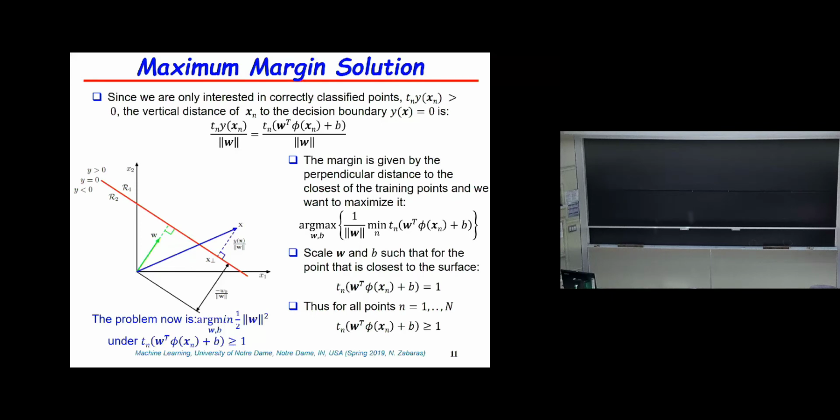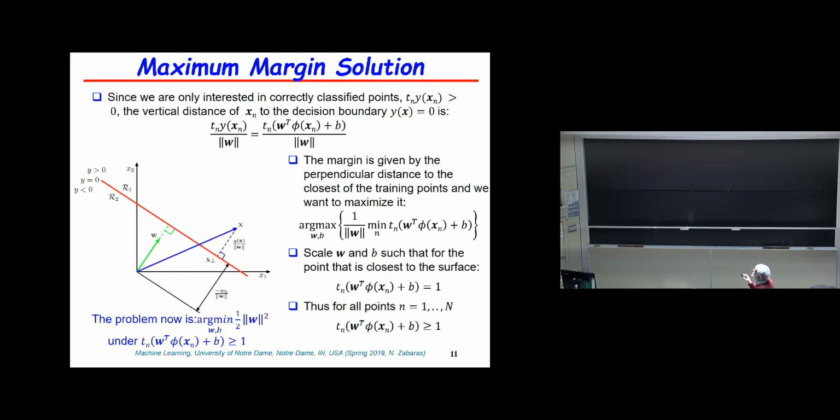What is the product tn yn? It's positive. So I modify this distance so it becomes a positive distance by simply multiplying by tn times y of xn. So basically this quantity is nothing else but the distance of point xn from the hyperplane. And it's an exact calculation, and if you look at the earlier lecture, you will see the derivation of this.